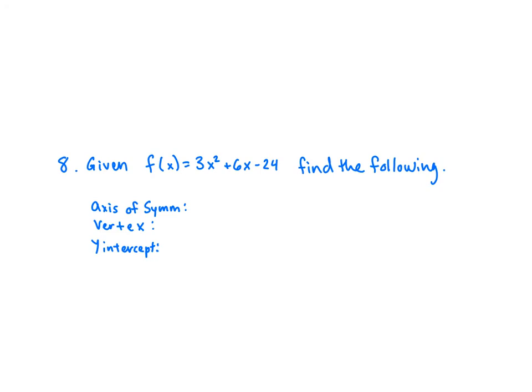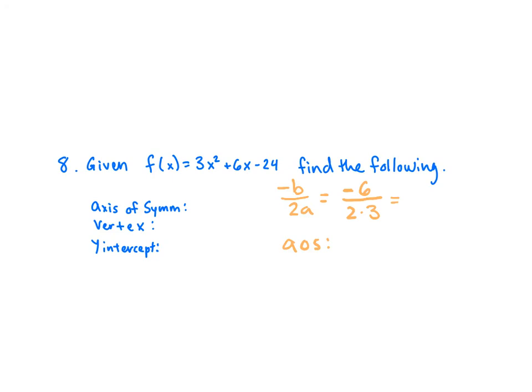Negative b over 2a. Perfect. What is our b? Negative 6. Well, our b would be 6, but we have a negative b, so it would be negative 6. And then what's our a? 3.